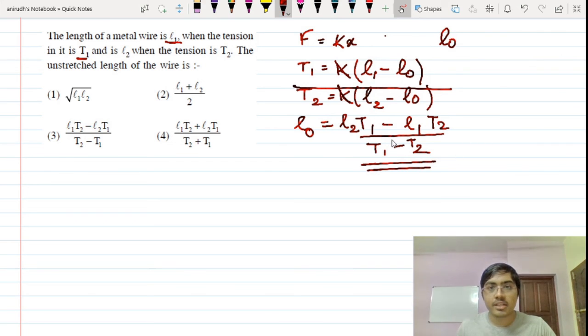Right, so this is the answer that you're going to get, and if you remove the minus sign from both of these, multiplying throughout by the minus sign, what you're going to get is this option number 3. So yes, the correct answer for this question is option 3.